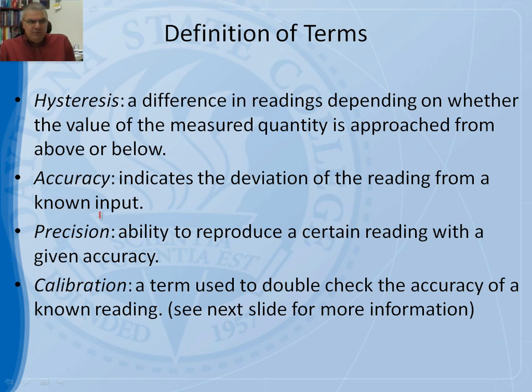So we use these terms. The calibration, a term used to double check the accuracy of a known reading or a device. We routinely calibrate our devices against a known quantity to make sure they are as accurate as possible.